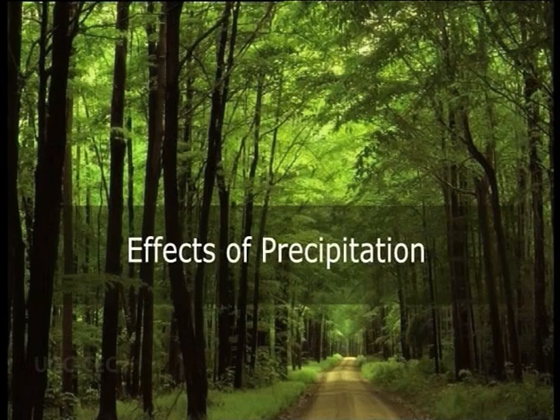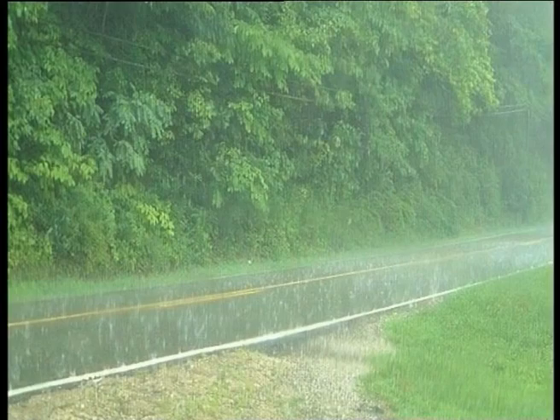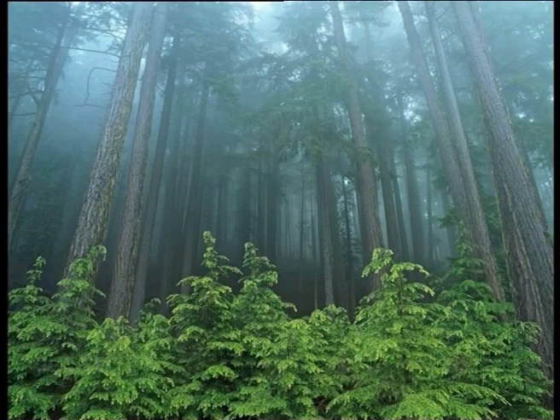Now, let us see the effects of precipitation on the growth of different kinds of vegetation. The quantity, duration and intensity of precipitation profoundly regulate the vegetation of any place. For example, in tropical areas with heavy rainfall throughout the year, vegetation mainly includes evergreen forests.